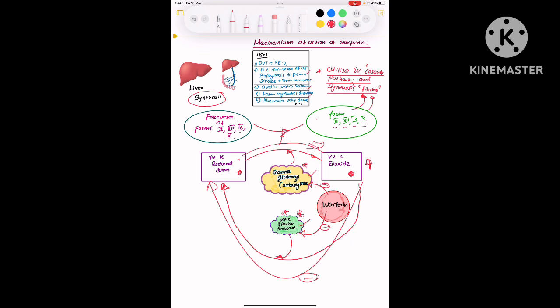At the same time, without vitamin K reduced form converting to vitamin K epoxide, the conversion of the precursors of factor 2, factor 7, 9 and 10 into the active form is also inhibited. Due to that, the patient has a lack of active factor 2, 7, 9 and 10.